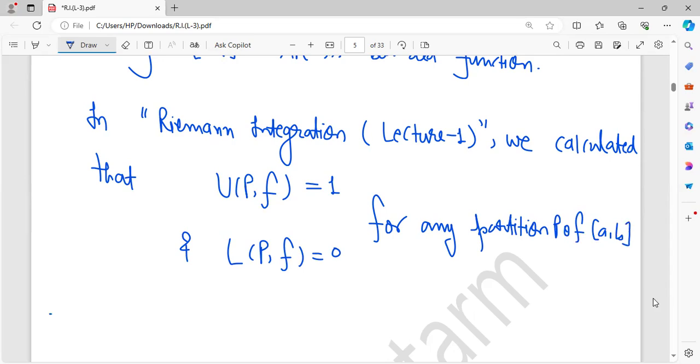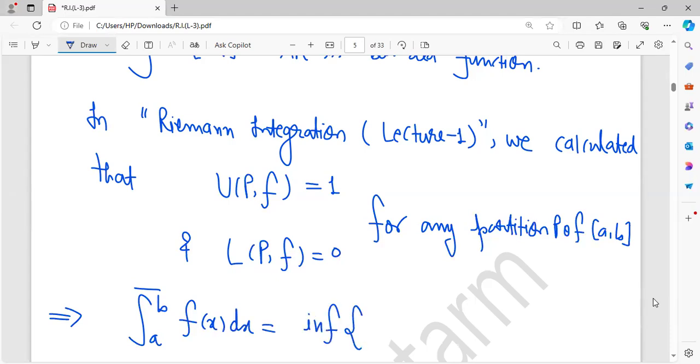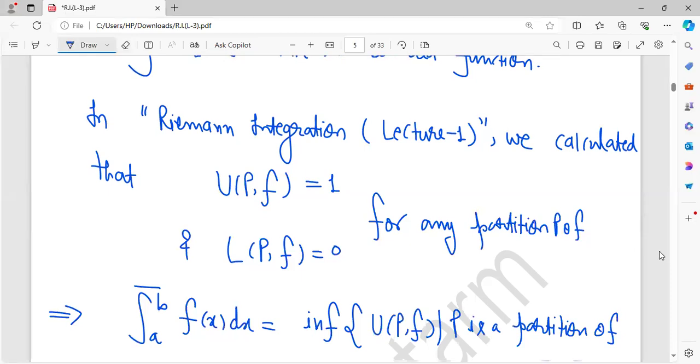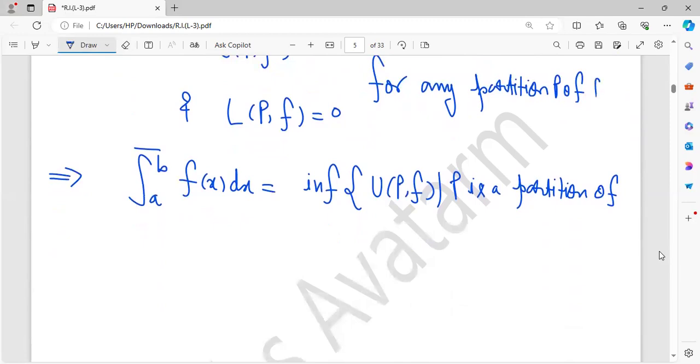Okay. Now, what is the upper integral? This is equal to the infimum of U(P, f), where P is a partition of the closed interval [0, 1].